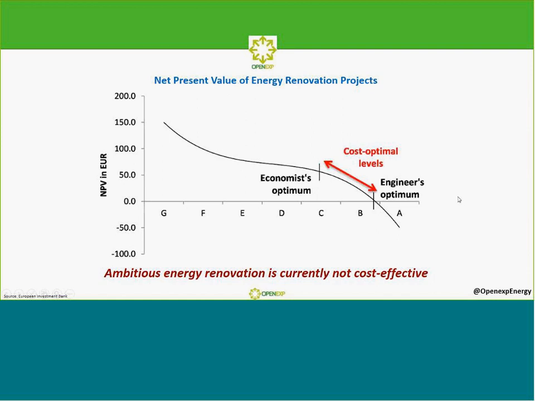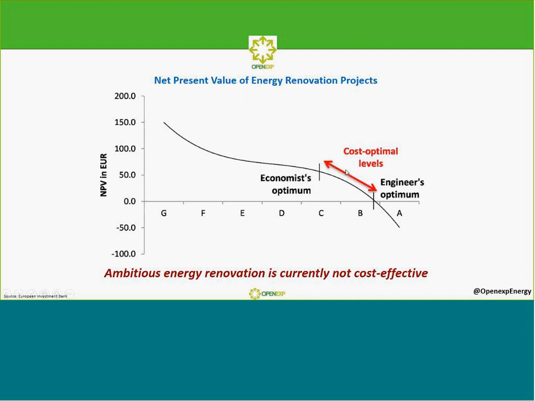And maybe the first thing about this slide is that the projects that are above this line, above zero, are the projects that are usually financed, that are considered cost effective. And within these projects that are considered cost effective, we have the economist optimum. So this is where the most important part of the renovation projects fell.